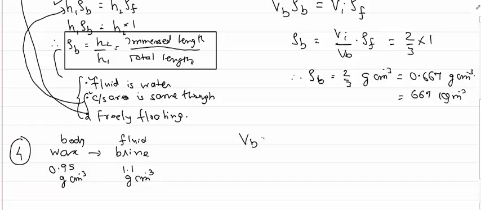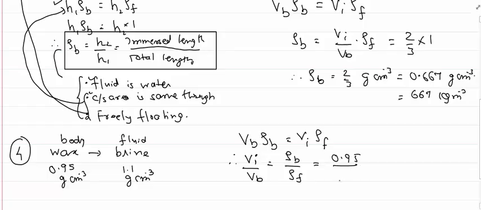Now we know that VB rho B is equal to VI rho F when we have a floating body. Therefore, VI by VB is equal to rho B by rho F. And we want to find out this VI by VB because we've been asked to find out what fraction of its volume is immersed. So VI by VB will give me that fraction which is immersed, which is equal to rho B upon rho F. Rho B is given to us as 0.95, and density of the fluid is 1.1.